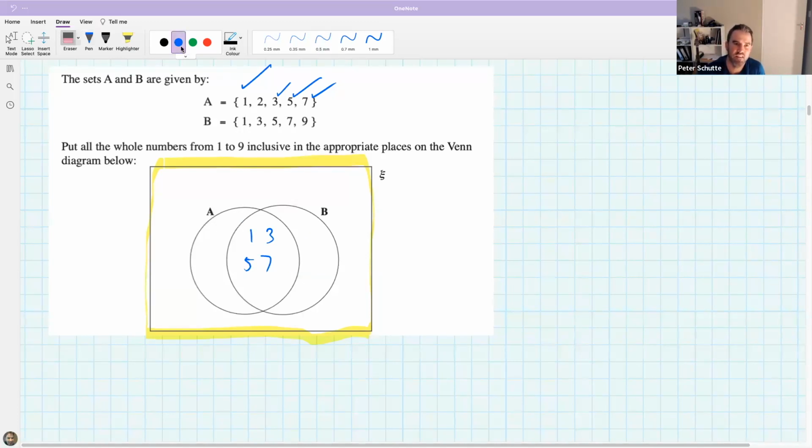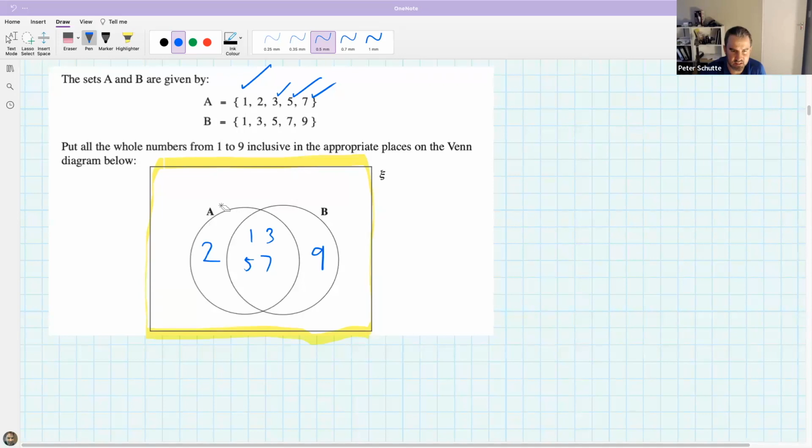We can see that would be 9. It would be the item 9. What is going to be over here? What's in A but not in B? Okay, so this would be 2.